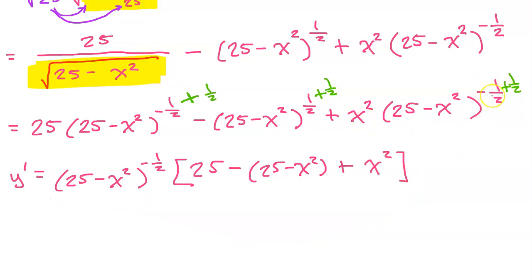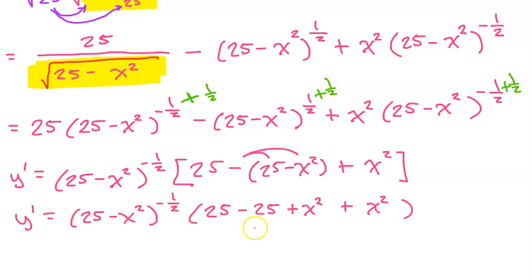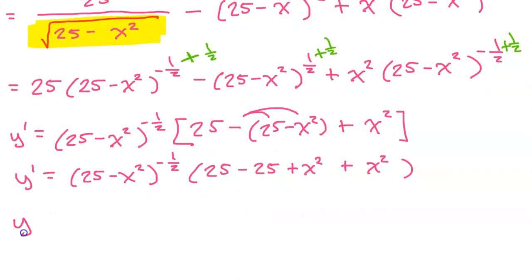Or you can look at it as a 0 power, which makes this a 1. So we can just distribute this negative sign real quick. So we get this plus x squared now, and we combine like terms. So I'm going to bring down my y prime is equal to 25 minus x squared to the negative 1/2 power. 25 minus 25 is 0, so that's gone. X squared plus x squared is 2x squared.